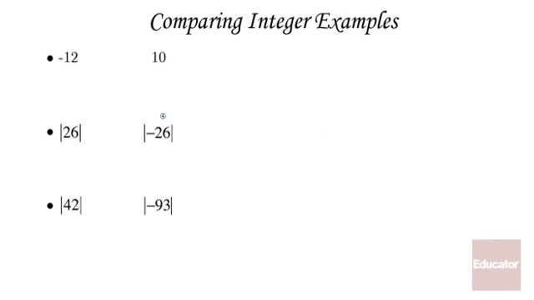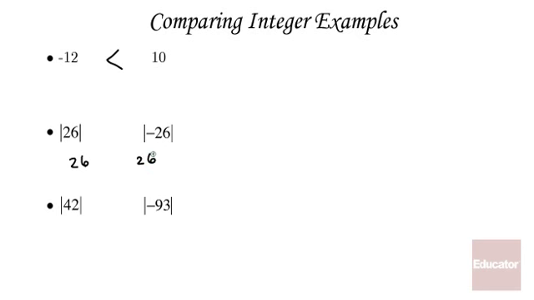Let's look at some more examples of comparing integers. Negative 12 and 10. Well, this one's pretty straightforward. Anytime you have a negative number and a positive number, the positive number is going to be larger. In this case, we need to do a little bit of simplifying. The absolute value of 26 is 26, and the absolute value of negative 26 is 26.